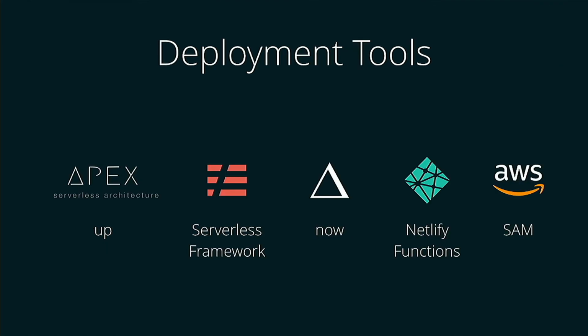To deploy your application to a serverless environment, there are multiple tools available. There is one by TJ Holowaychuk, who is the creator of Express. It's called Apex Up. There is the serverless framework. There is Now. Netlify just yesterday launched Netlify Functions, which is really awesome.